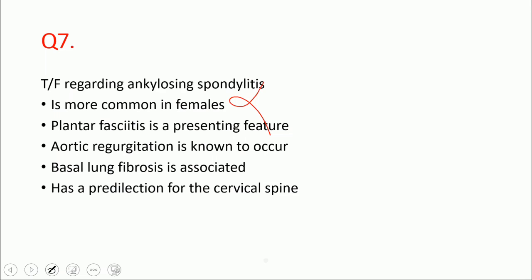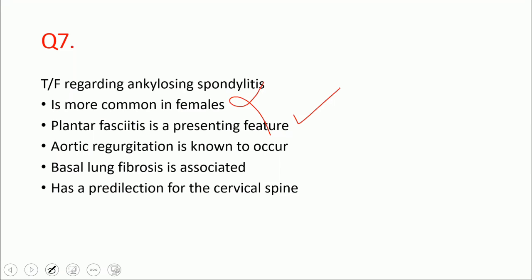Right. Now, apart from articular involvement, patients with spondyloarthritis, especially ankylosing spondylitis, have soft tissue involvement, right? Plantar fasciitis is a presenting feature. They can also have tendon inflammation, tendinitis, enthesitis.